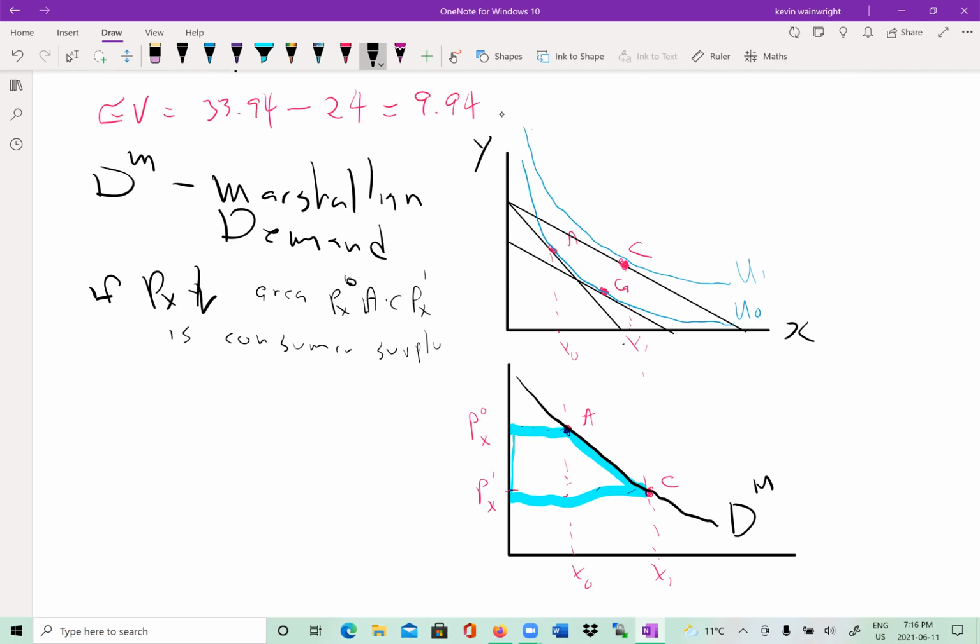Okay, so the change in consumer surplus is the blue area under the ordinary Marshallian demand curve.